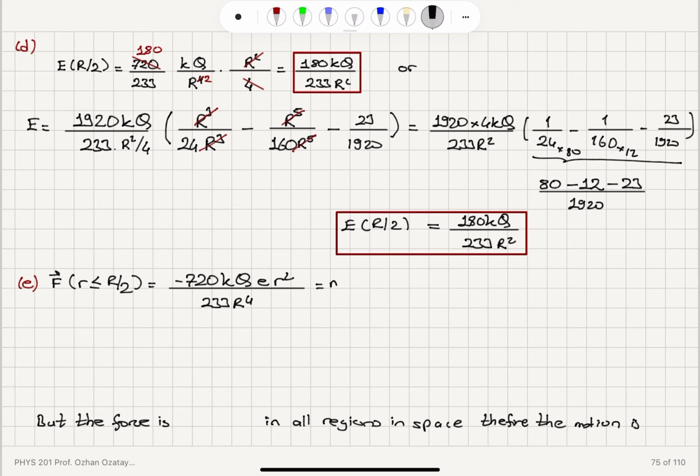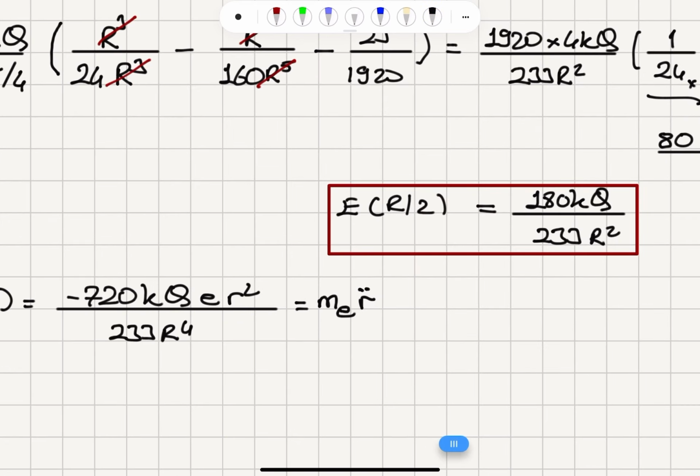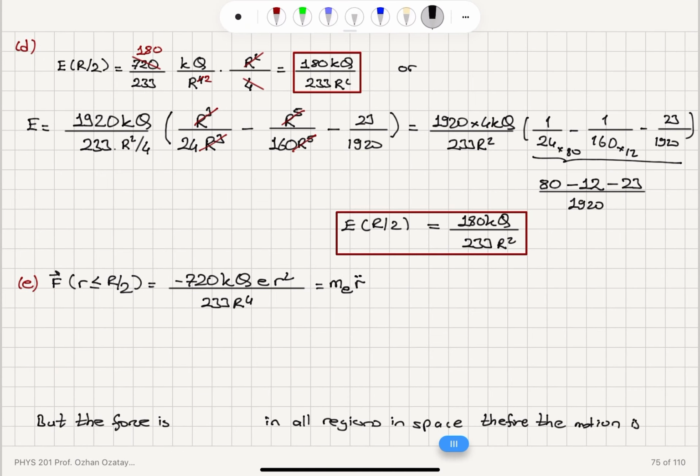If this is the only force the electron feels, it's the mass of the electron multiplied by its radial acceleration. Now you can see that the second derivative of position is proportional to R squared, not to R. So since R double dot is not proportional to minus R, this is not simple harmonic motion.